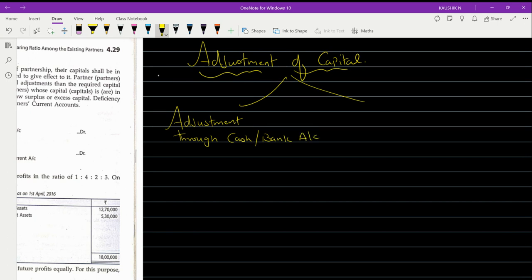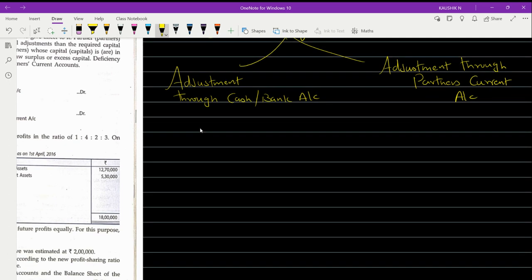The other one is adjustment through partner's current account. Can you understand my handwriting? Okay. So adjustment through the partner's current account, and the other one is through cash or bank account.